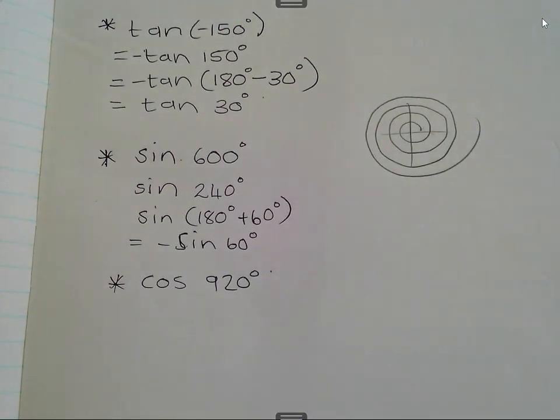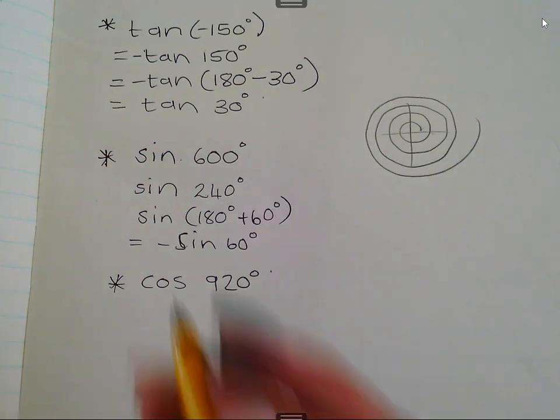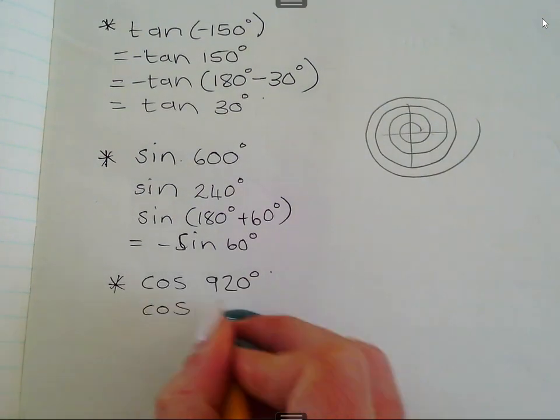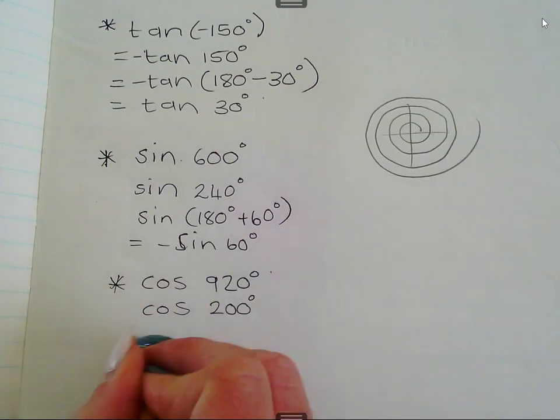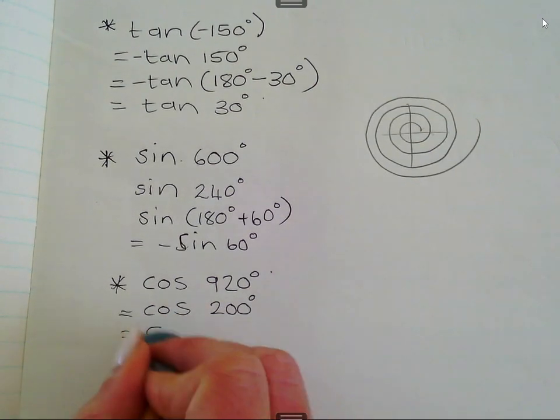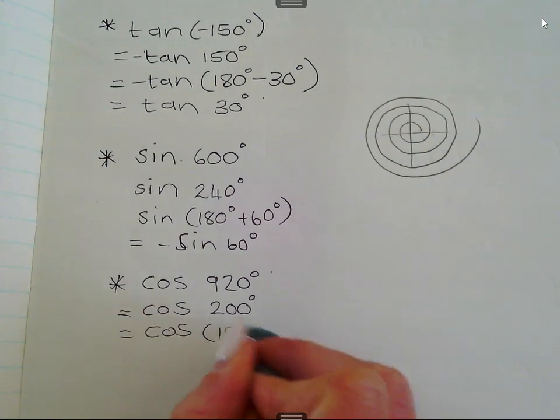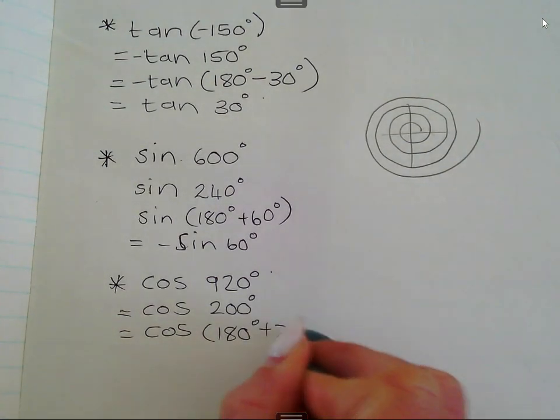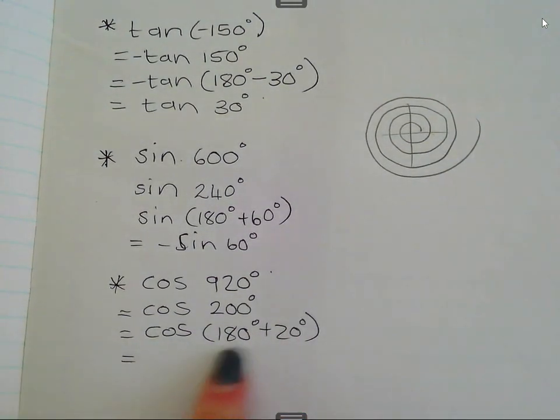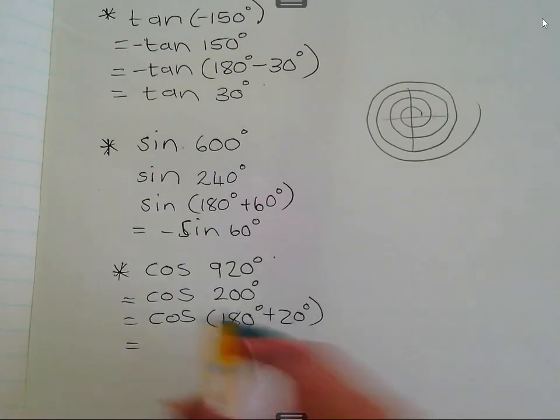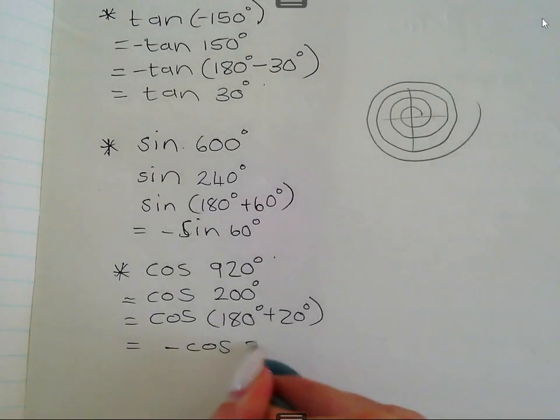Minus 360 twice, right? So minus 720 basically. And what do you do with the 720? You throw it away. So they're actually asking for the cos of 200 degrees. And then I can say it's the cos of 180 degrees plus 20 degrees. This is third quadrant. Negative cos 20 degrees.